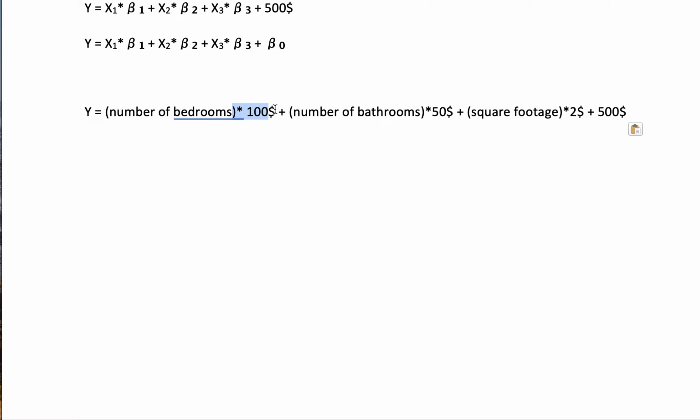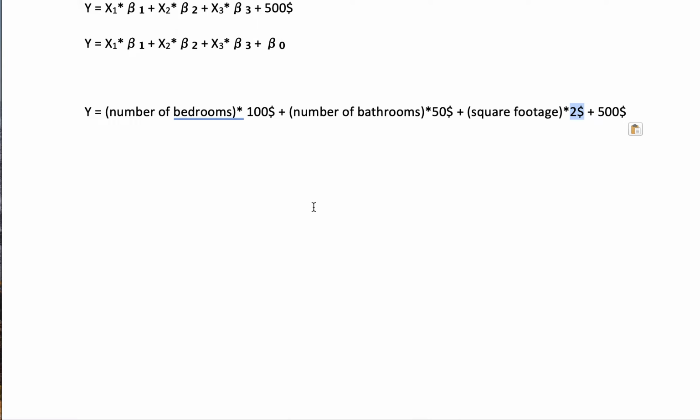We have to use the data to determine these numbers. And that is the magic of linear regression. So we want these numbers to be as close as possible to the reality, and the data can help us figure out what that is mathematically.